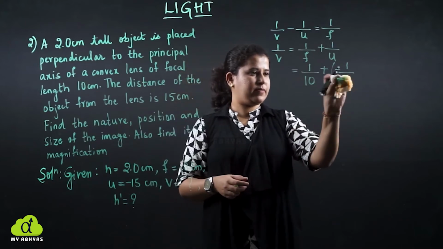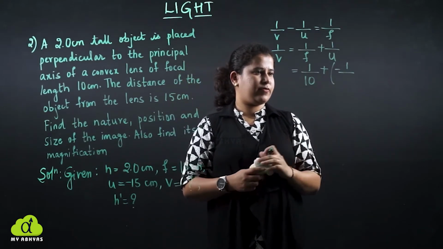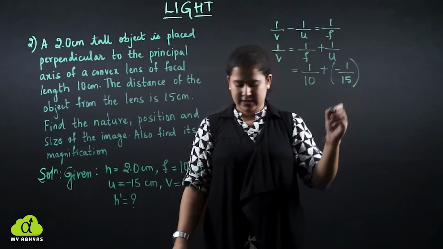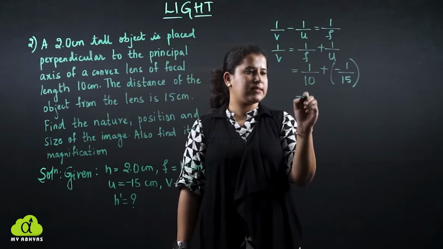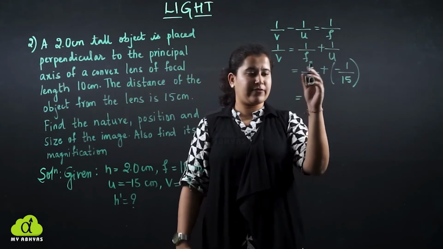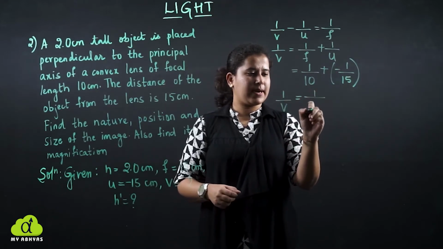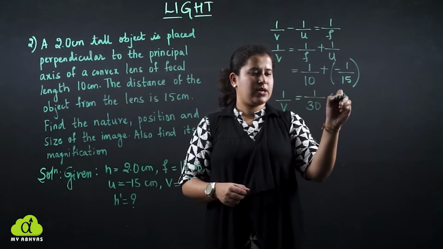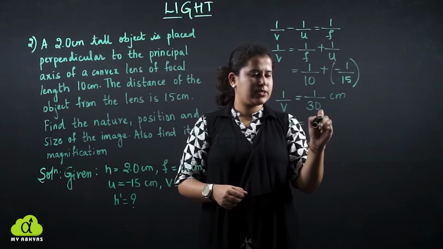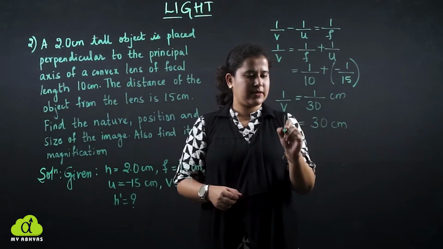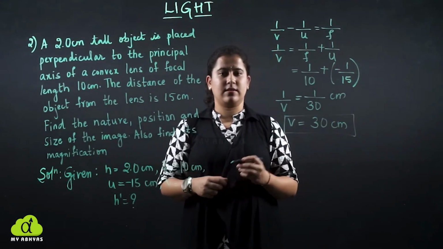So here I have 1 by 10 minus 1 by 15. Clear? After taking the LCM, I get 1 by 30 centimeters. So you can see v is equal to 30 centimeter, which is the image distance.